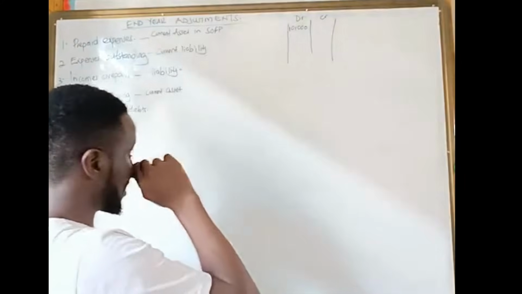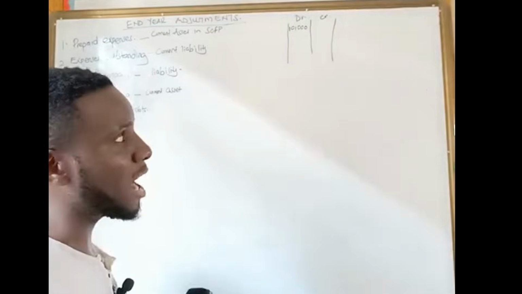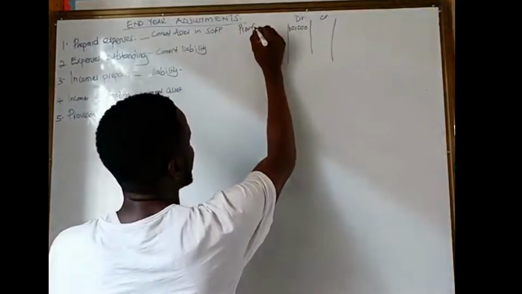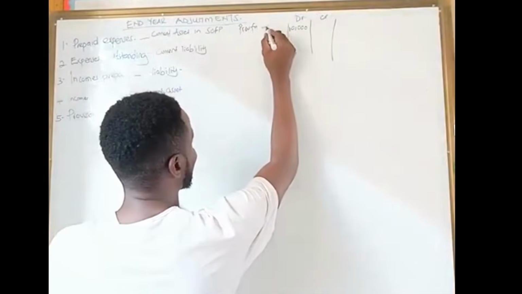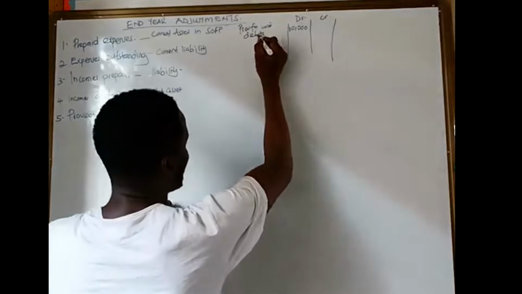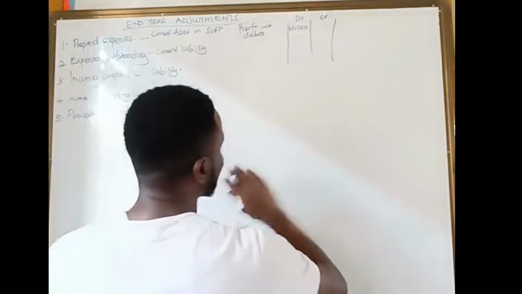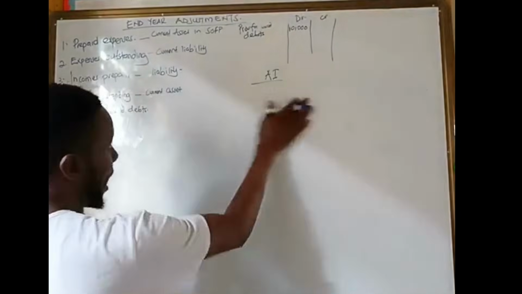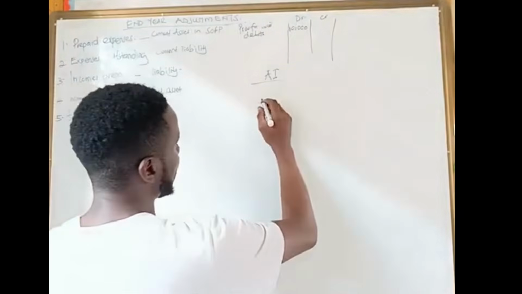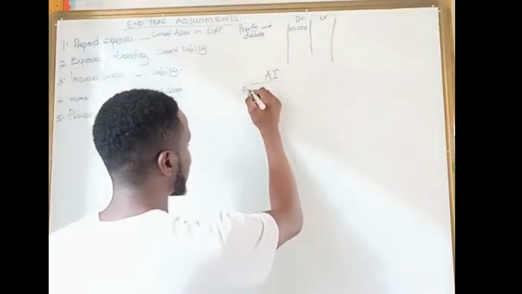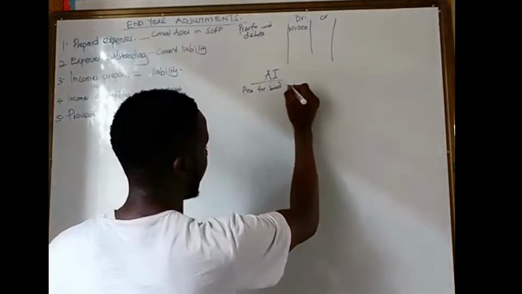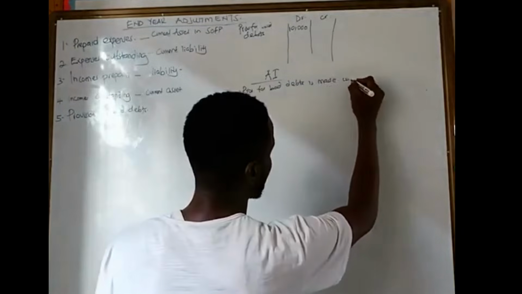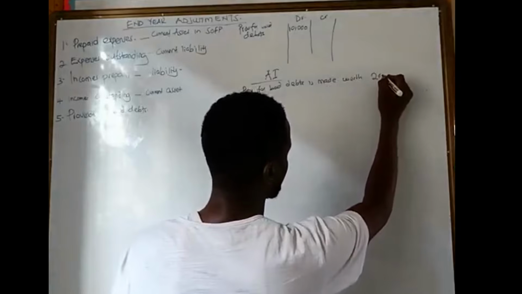Now, let me give you an example. These are scenarios that are likely to happen. For example, we shall have provision for bad debts in the trial balance. And additional information says, for example, that a provision for bad debts is made worth 2,000.